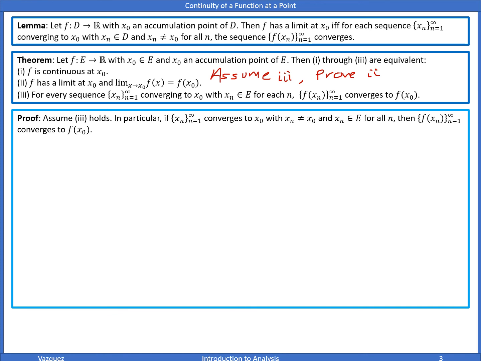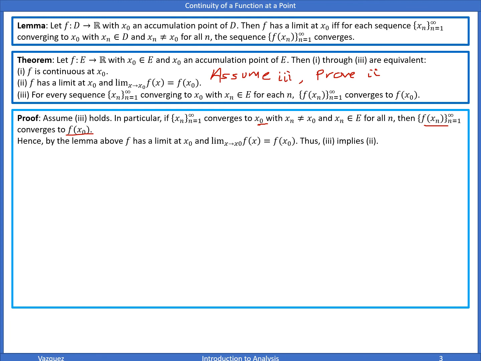So we start off by assuming 3 holds, right? Meaning that if xn converges to x naught, then f of xn converges to f of x naught. And this is where we're going to use our theorem. By the lemma above, f has a limit at x naught, and that limit happens to be f of x naught.